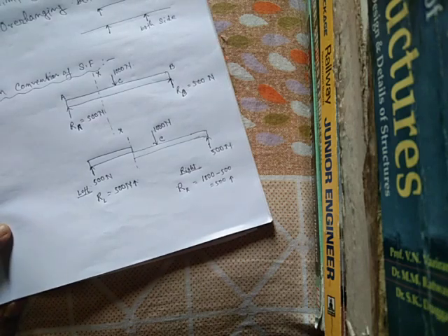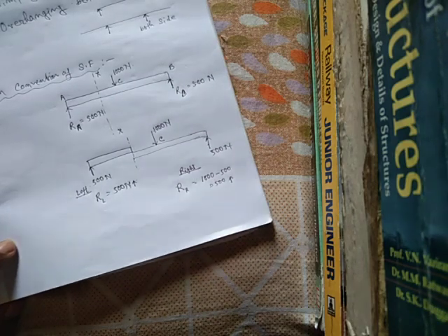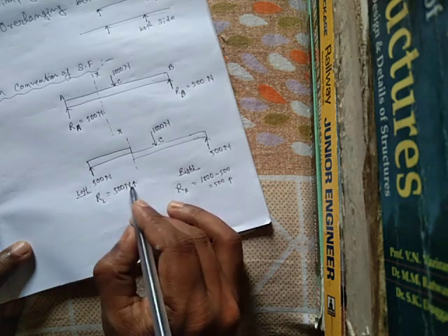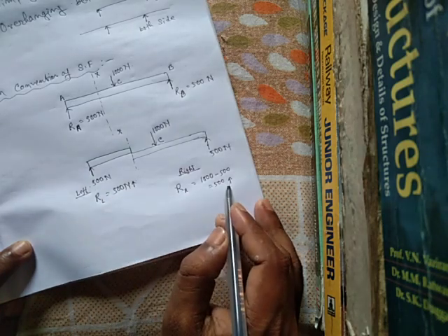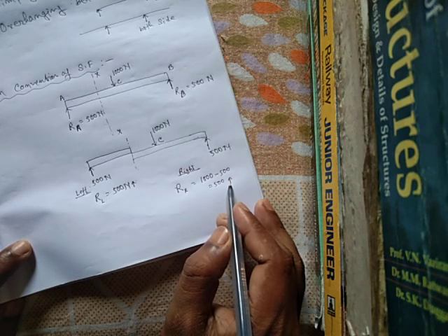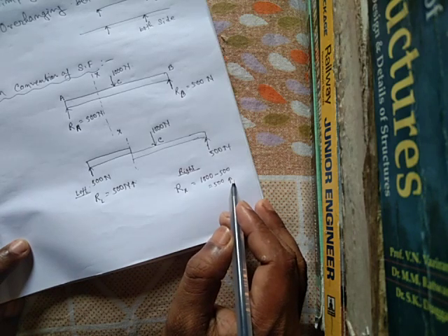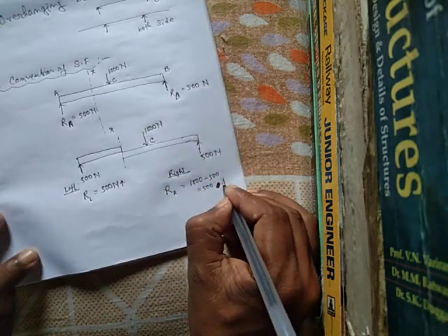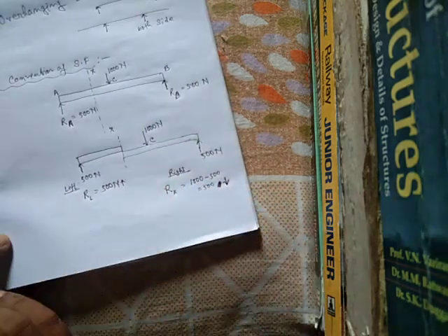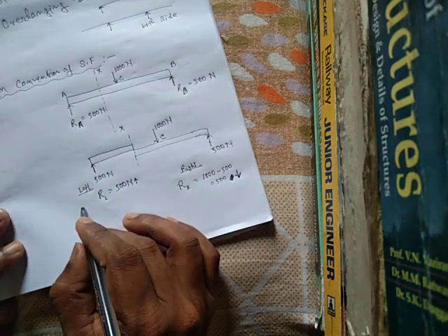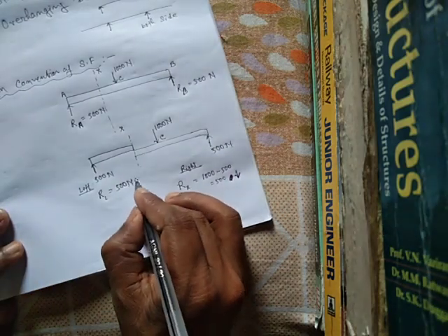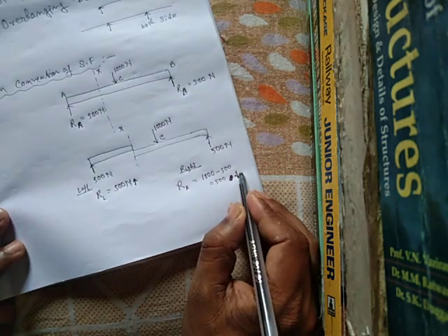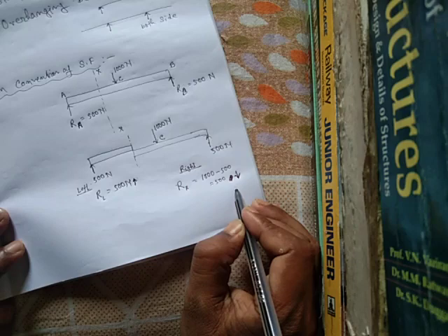Now we can easily say the left side section is upward direction, and the right side section is downward. Sorry, I am really sorry, this is the downward direction. In case of the left side section, the upward force means positive shear force, and the right side section is downward, that is a negative shear force.